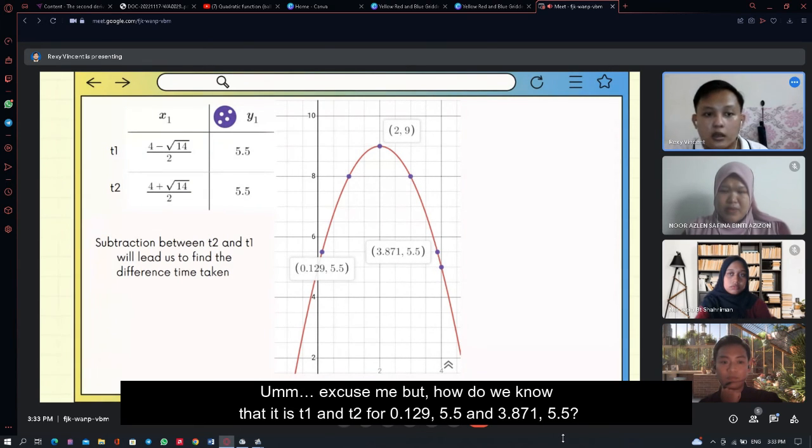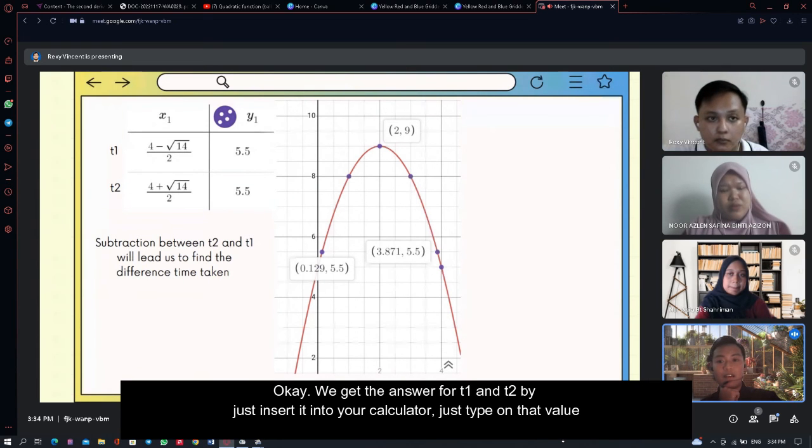Excuse me, but how do we know that it is t1 and t2 for 0.129 and 3.871? Okay, we get the answers for t1 and t2 by just inserting it into your calculator. Just type in that value.